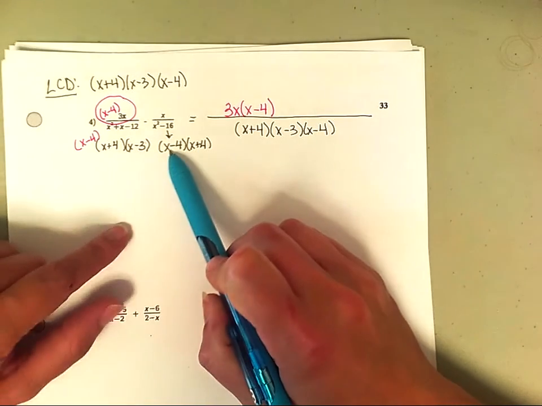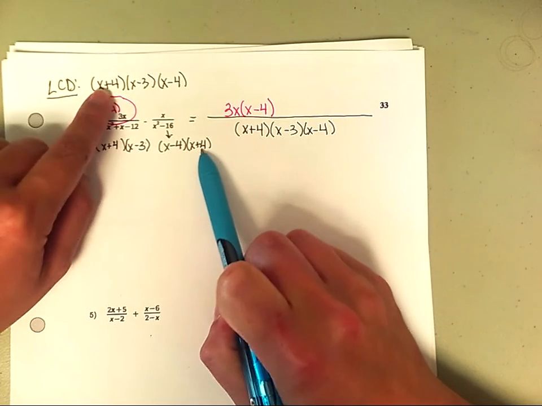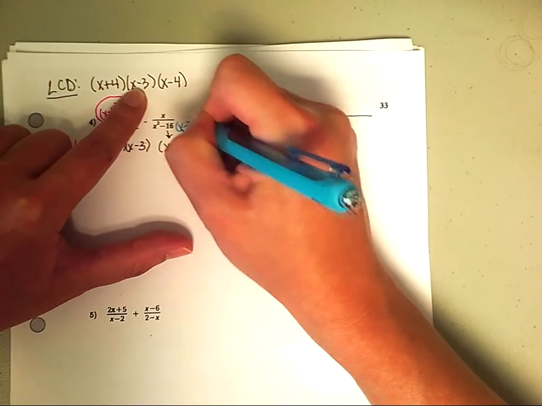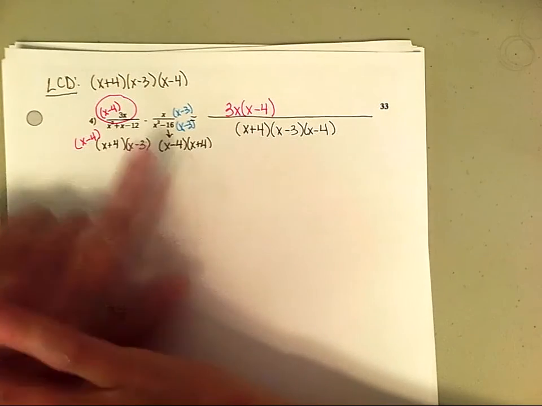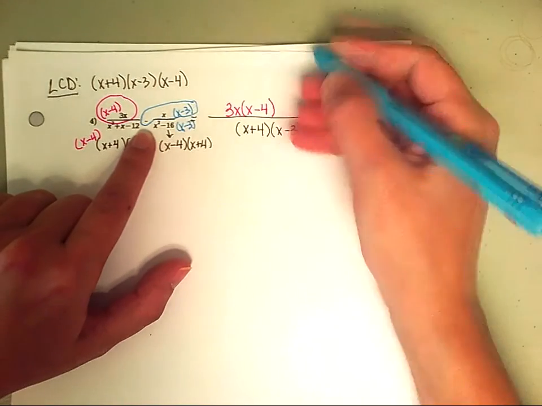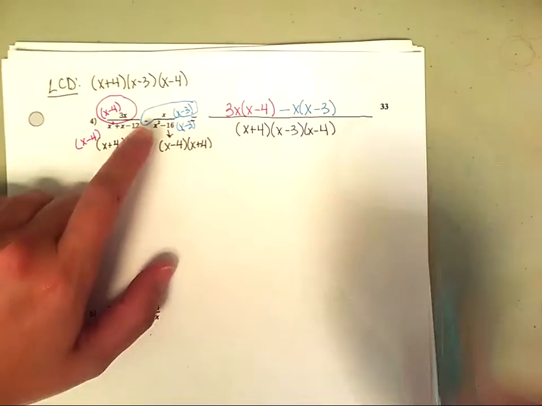Now we'll adjust the second. We have the x minus 4 and the x plus 4, but we're missing the x minus 3. Now we'll write the second denominator, but remember we're subtracting, so this is minus x times x minus 3.